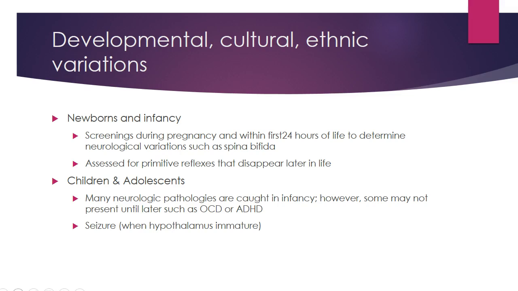So what happens with febrile seizures is that they get a temperature like 100.6, and they can't regulate that temperature, and it just goes crazy high, and that's what causes the febrile seizure.